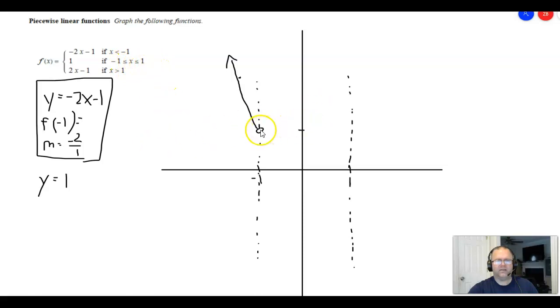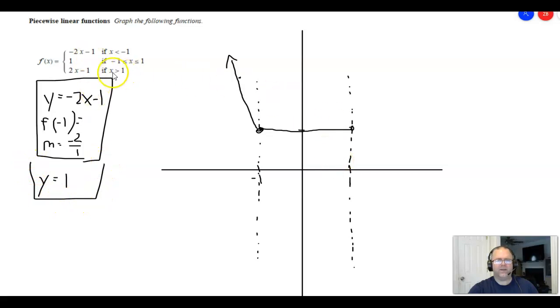So actually we're going to end up filling in this point. It's just a horizontal line where all of our y values are 1, so it's going to go from here to here, just like that, and we fill in the value. So it actually connects here, and it doesn't always connect, but it does in this case. And that's it for that one.